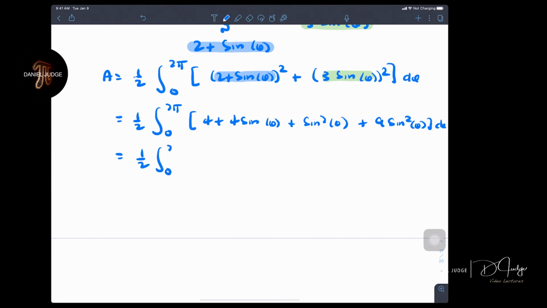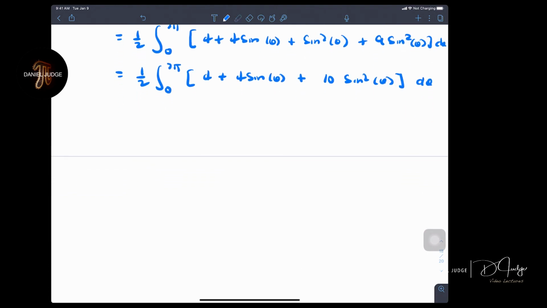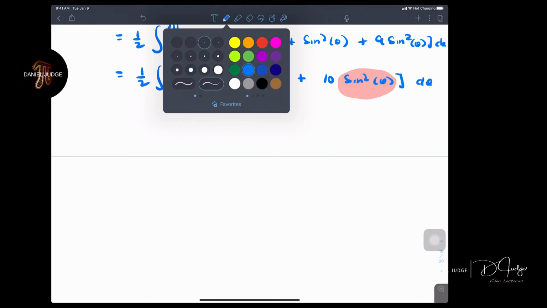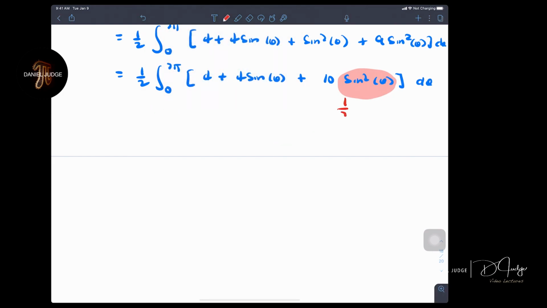1/2, 0 to 2 pi, 4 plus 4 sine theta, plus sine squared theta minus 9 sine squared theta, that's minus 8 sine squared theta. And that'll be d theta. So now sine squared theta here can be replaced using the half angle: 1/2, 1 minus cosine 2 theta.